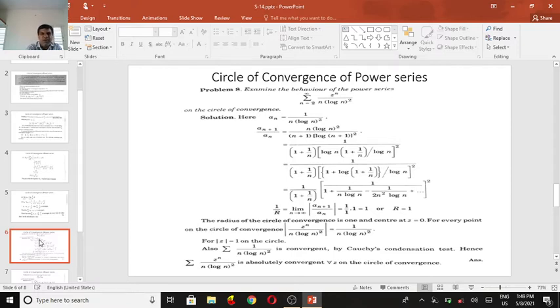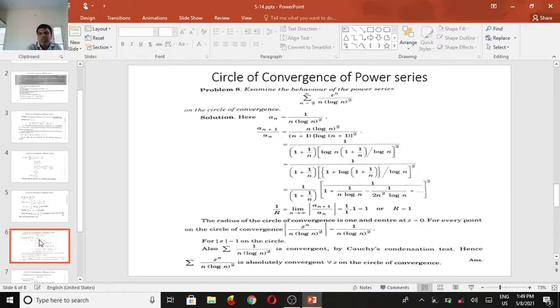Simplifying, some terms get cancelled, and we get n log n whole square divided by n plus 1 into log of n plus 1 whole square. Again, this should be equal to 1 divided by 1 plus 1 by n, times log of n into 1 plus 1 by n divided by log n whole square.